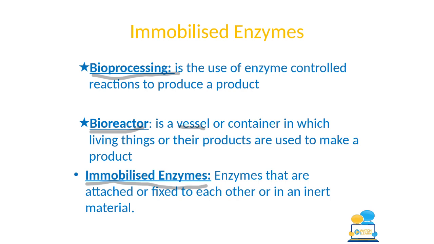So for example, immobilized enzymes are placed in the bioreactor, the substrate is added into the bioreactor, the immobilized enzymes act on the substrate to produce a product, and then the product can be removed from the bioreactor. So again, commercially this is very important, and we're going to look at an application of immobilized enzymes shortly. And in school you would have looked at immobilizing sucrase within your experiment.